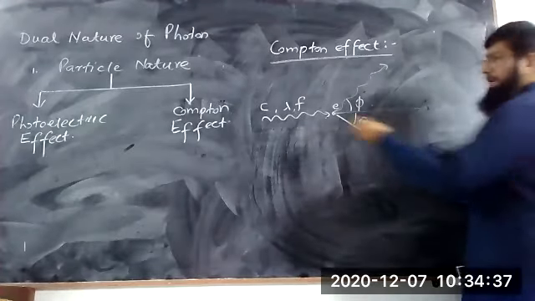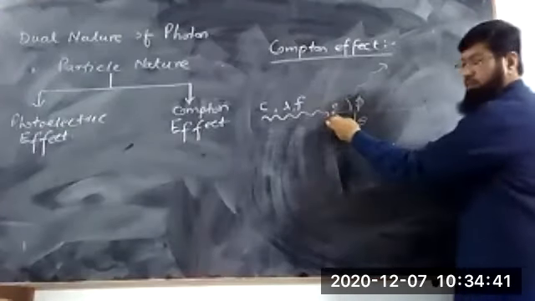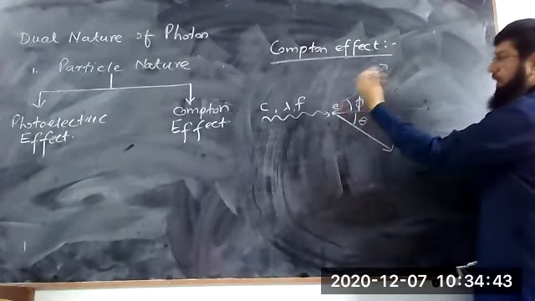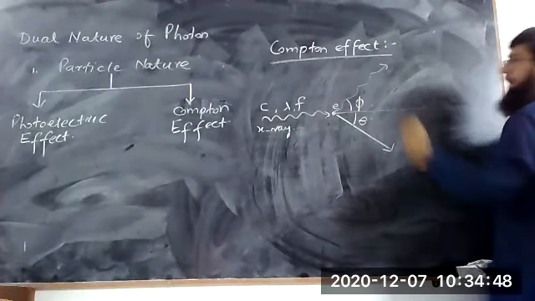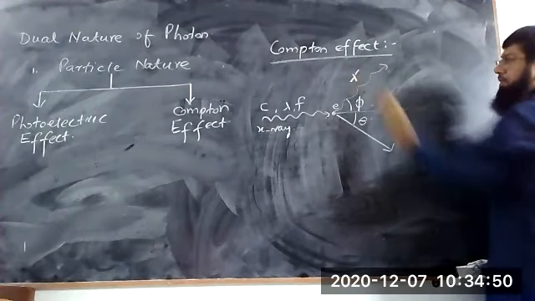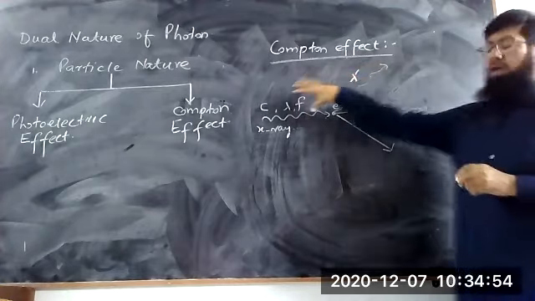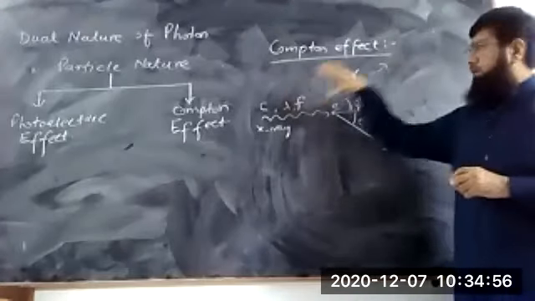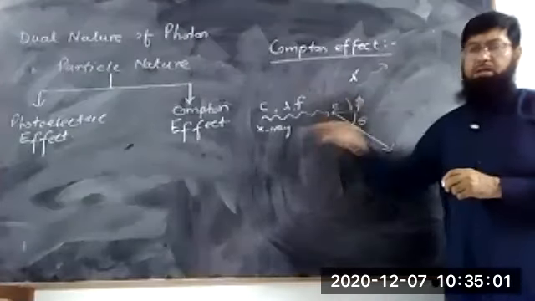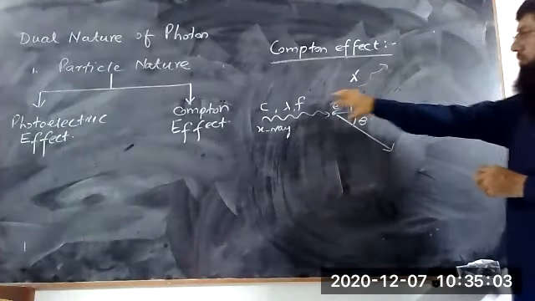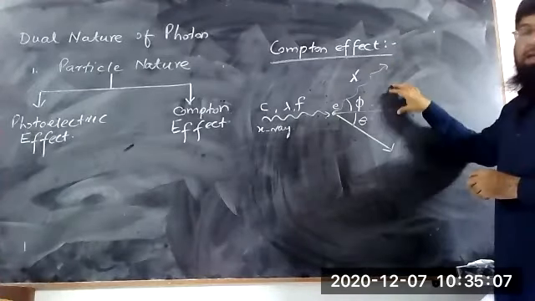Here lambda is the wavelength of the original incoming photon, which is an X-ray photon, a high energy photon, and lambda dash is the wavelength of the scattered photon. From the law of conservation of energy and the law of conservation of momentum, we can find out how much energy the photon transfers to the electron.